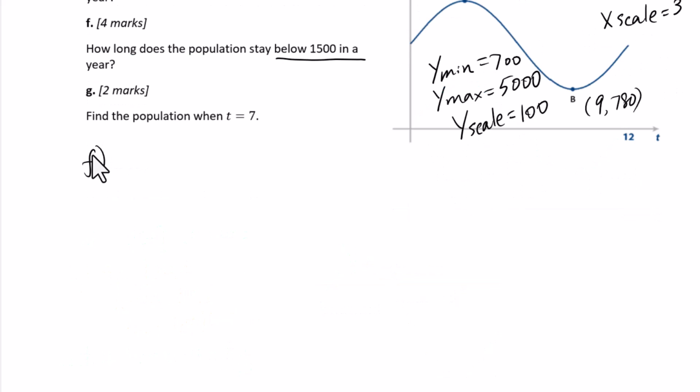How long does the population stay below 1500 in a year? We will set up P of T less than 1500. F1 of X for P of T. F2 of X equals 1500.